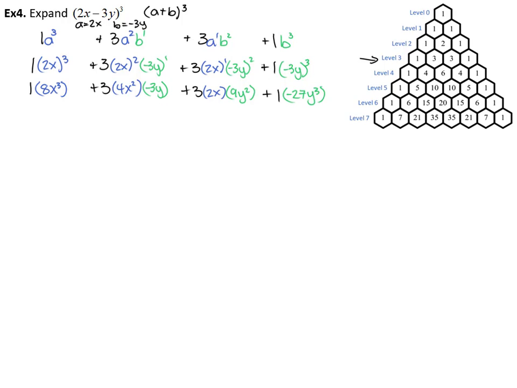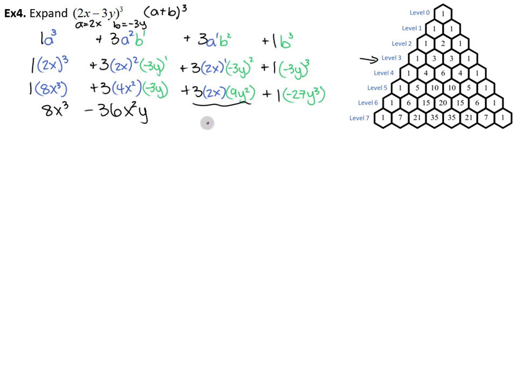So lastly, let's go ahead and combine all of these. We get 8x cubed, right, times our 1. 3 times 4 times negative 3 is negative 36. We're going to write this as minus 36x squared y. Okay, and we tend to keep these variables alphabetical sometimes, but we're going to just keep them in the order that they're given here for a and b, so we'll write a to the left and the value of b to the right.